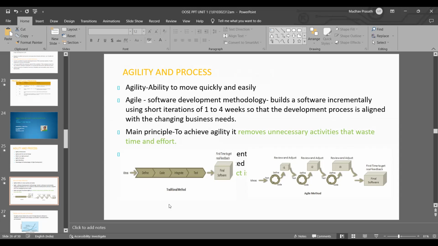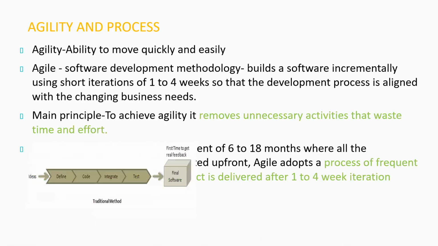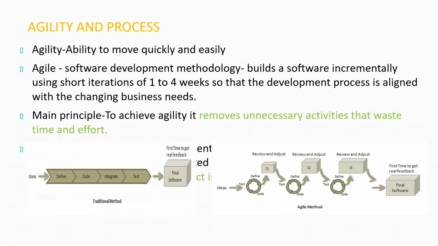How will it be now? See, for example, you have an idea. This is the agile method. Just view this diagram properly. You give an idea, you define that idea, you code it, you integrate, and you do the review immediately.